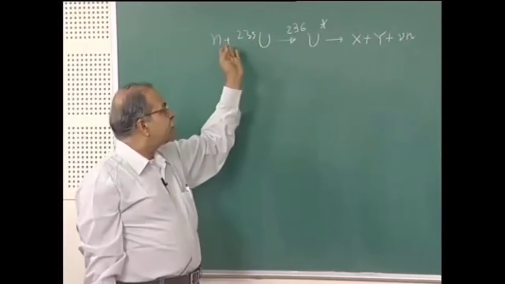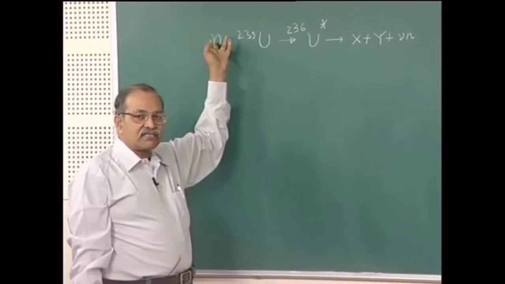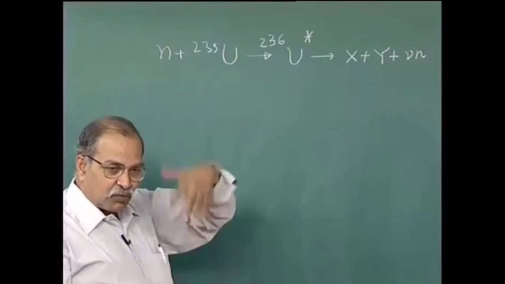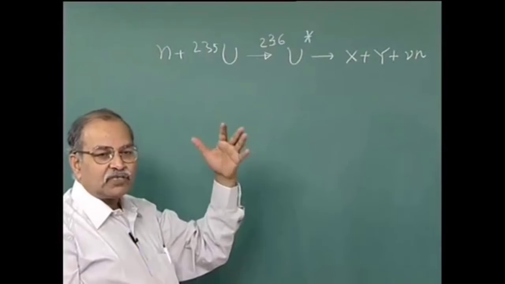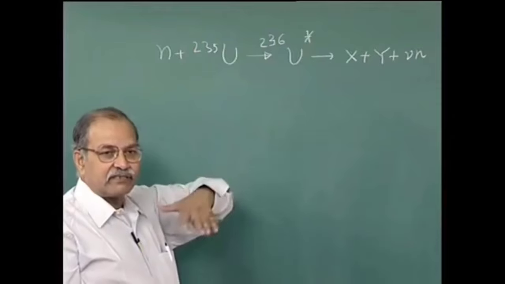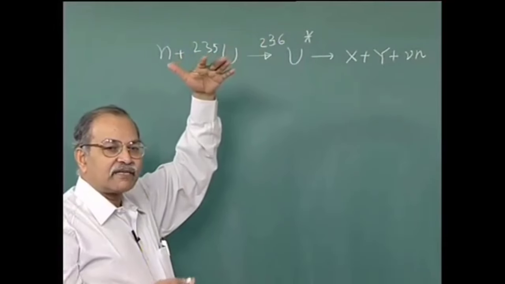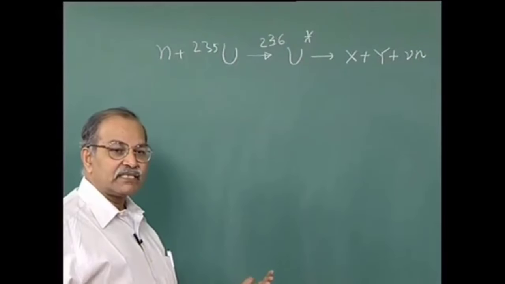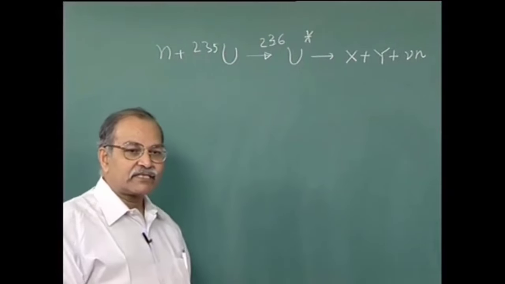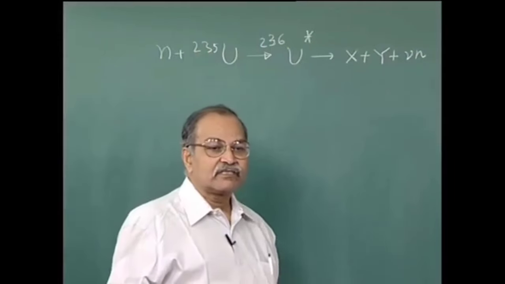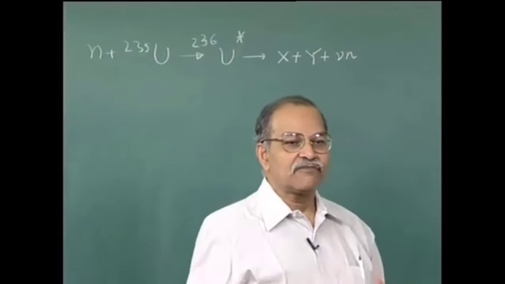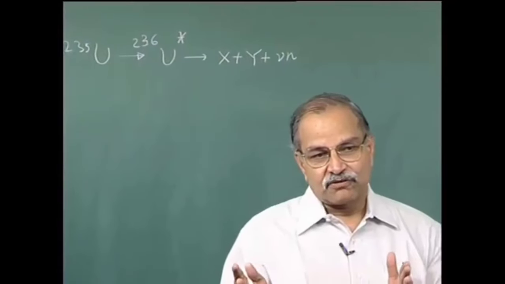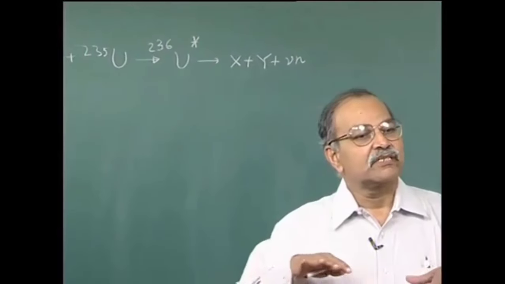And as you increase the energy of this incident neutron, the excitation energy is more than the Q value, and one may expect that since the energy is much higher than the activation energy, the fission cross section will increase, the fission probability will increase, but that is not the case. That is not the case with uranium 235. As you increase the kinetic energy of the neutron, the fission cross section goes down.